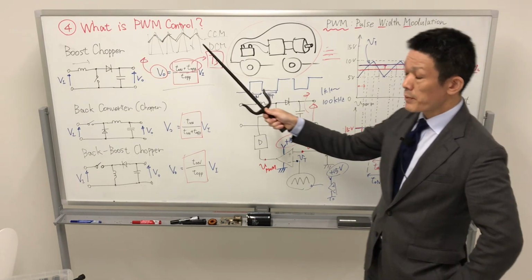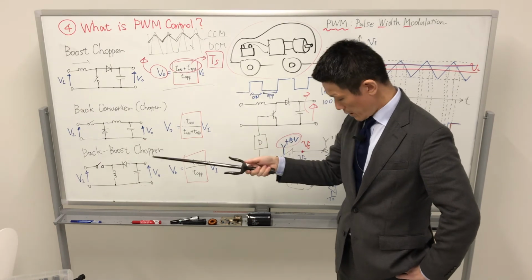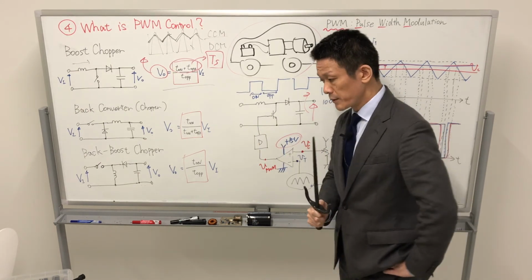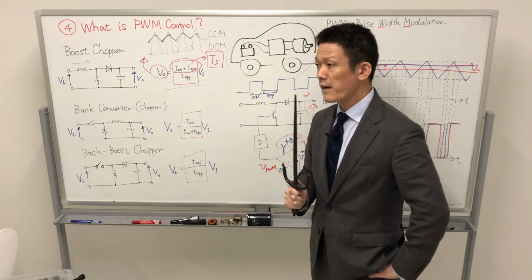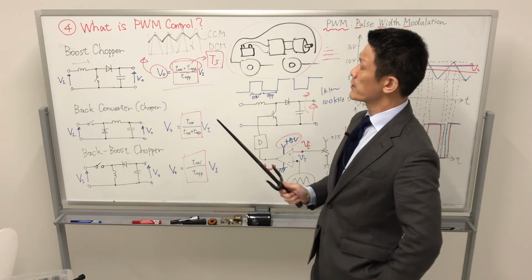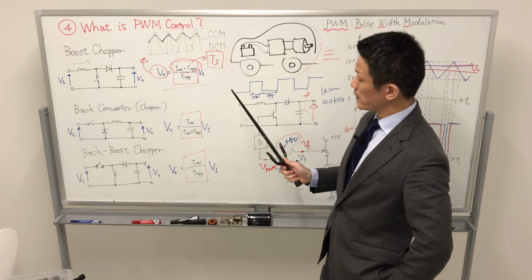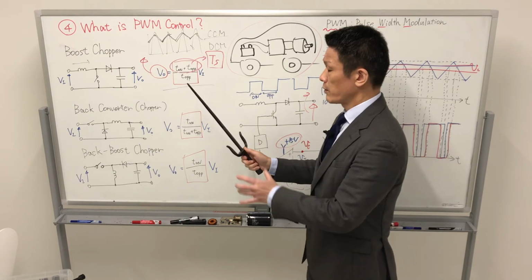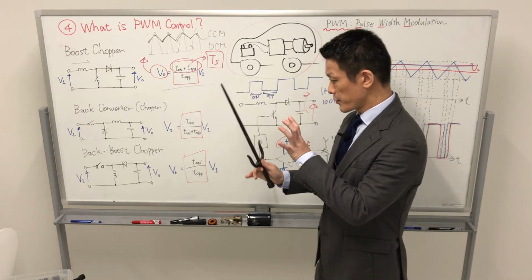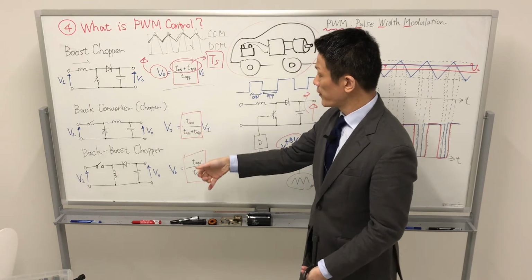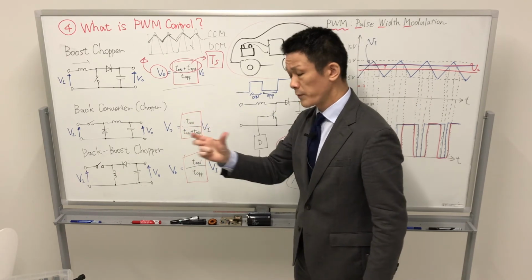So what is PWM control? This is the essence of the power electronic system. Mainly power electronic systems use PWM control, because the output voltage of many power electronic systems is defined only by the turn on and turn off timing.